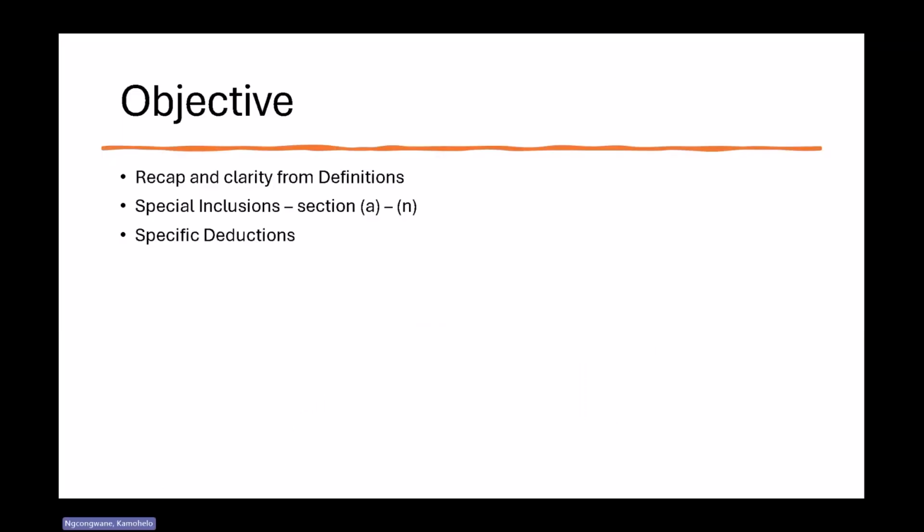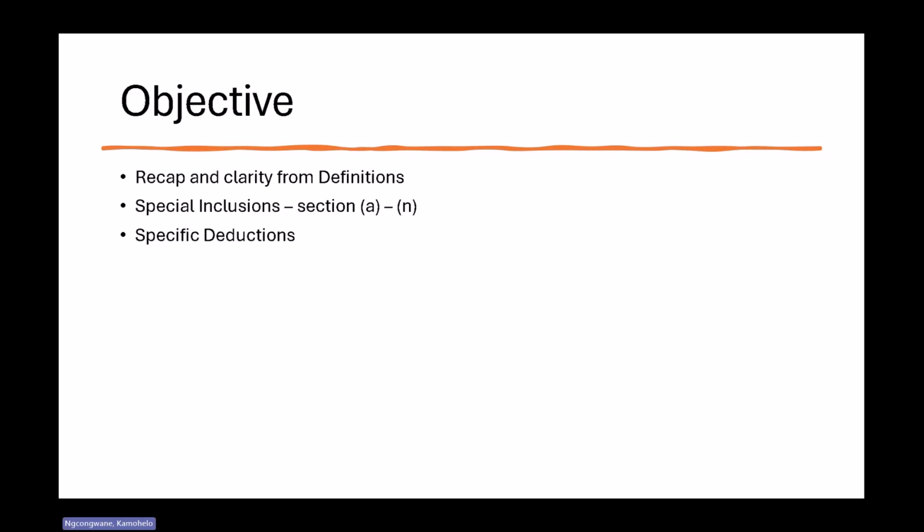We'll look at just a few parts of the definition that I want to clarify, and we will go through that last component of the gross income definition, as well as the last component of the general deduction, being of a capital nature.